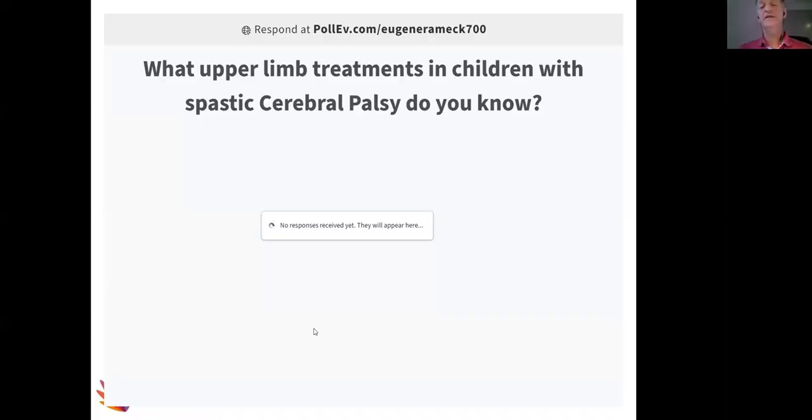This is a question. I put it in a poll, but if you would use the chat to answer this question: what upper limb treatments in children with spastic cerebral palsy do you know? Give only one example per chat message so that Dina, because I can't see it at the moment, can categorize all these named treatments.